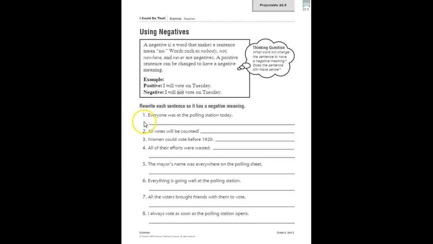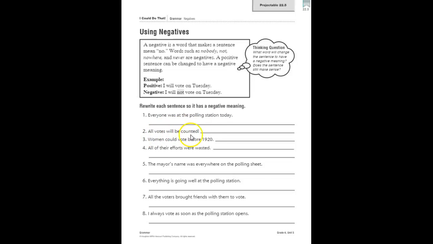So let's just talk about everyone was at the polling station today. How could we change that so that it has a negative meaning? How about nobody was at the polling station today? Would that make sense? Yeah.